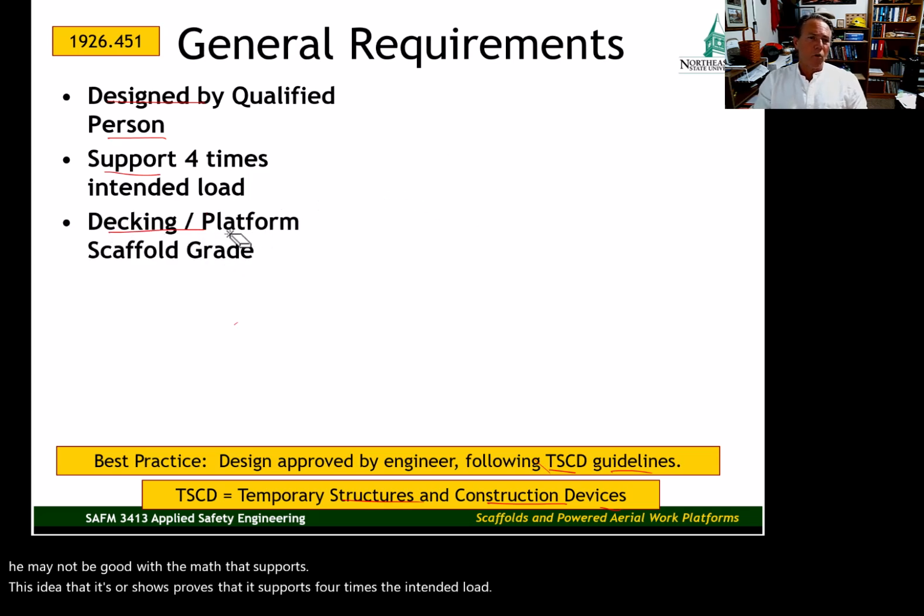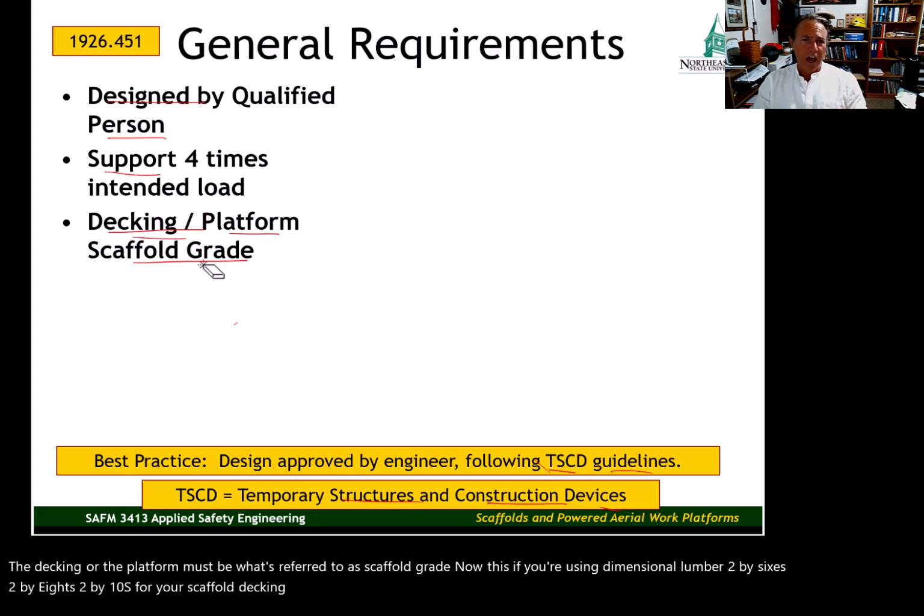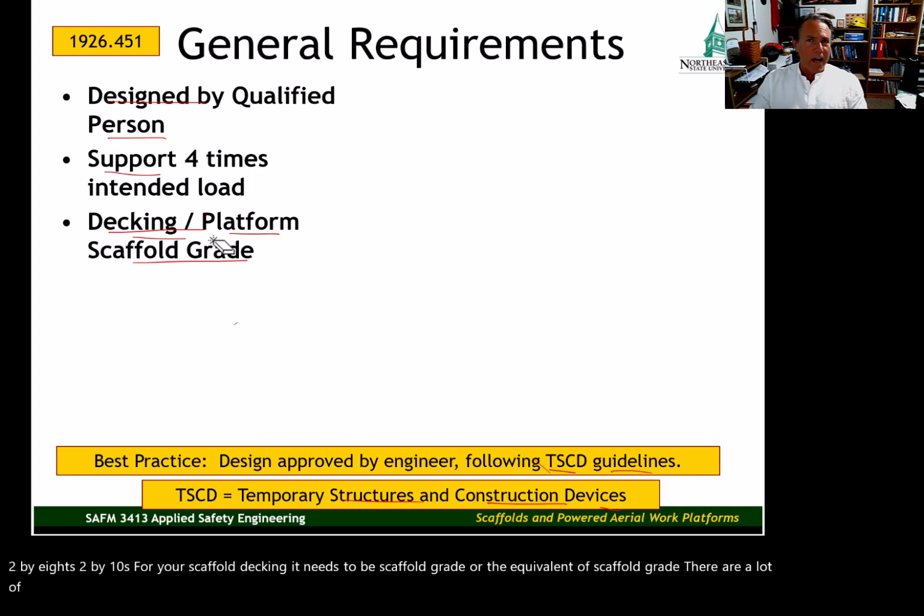The decking or the platform must be what's referred to as scaffold grade. Now this, if you're using dimensional lumber, 2x6s, 2x8s, 2x10s for your scaffold decking, it needs to be scaffold grade or the equivalent of scaffold grade. There are a lot of different decking types that can be used.